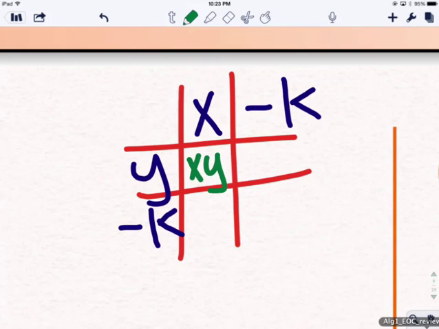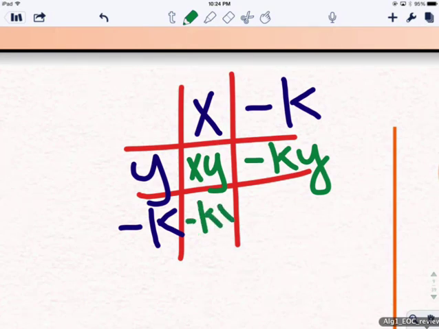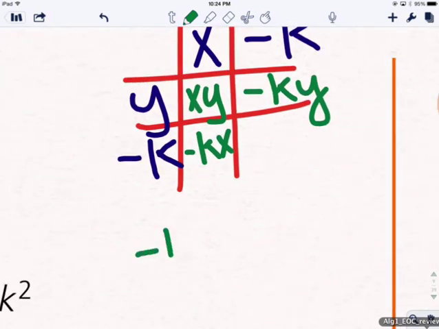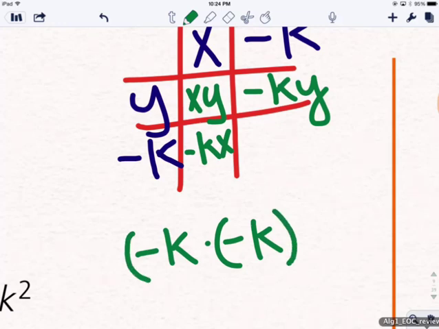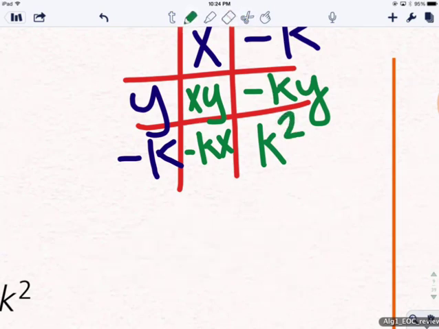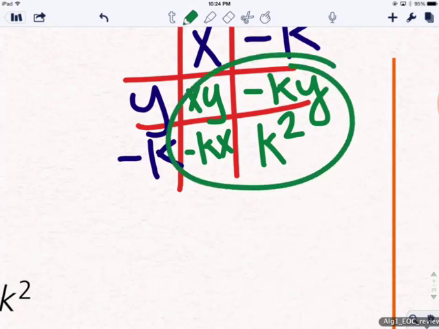So x times y is xy. Over in this box is going to be negative ky. In this box is going to be negative kx. And then in this box is going to be negative k times negative k. And what is that equal to? Positive k squared.